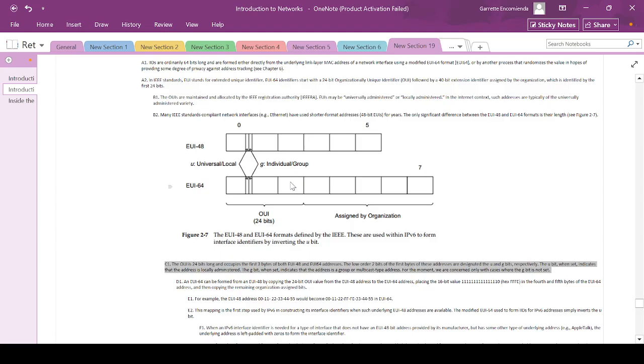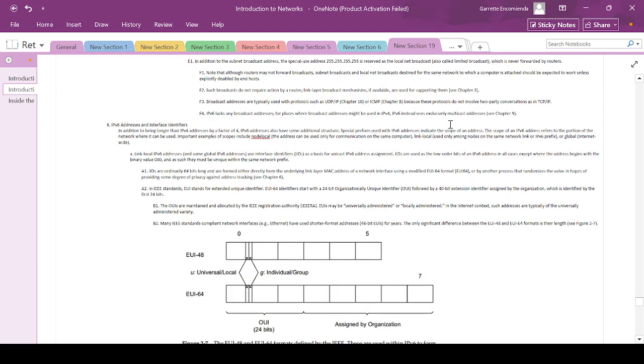So these are the U, the universal or local.